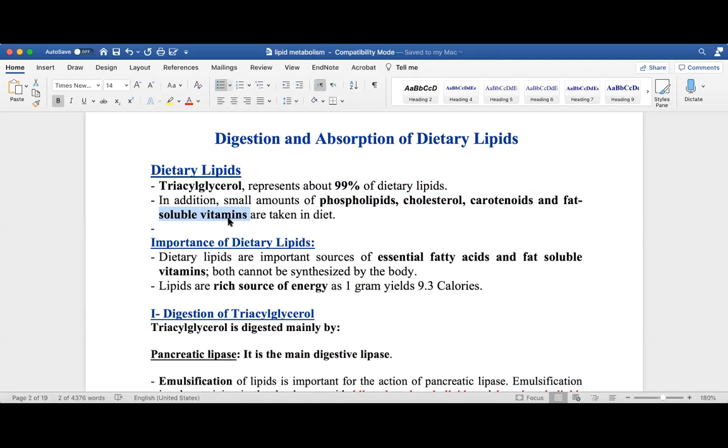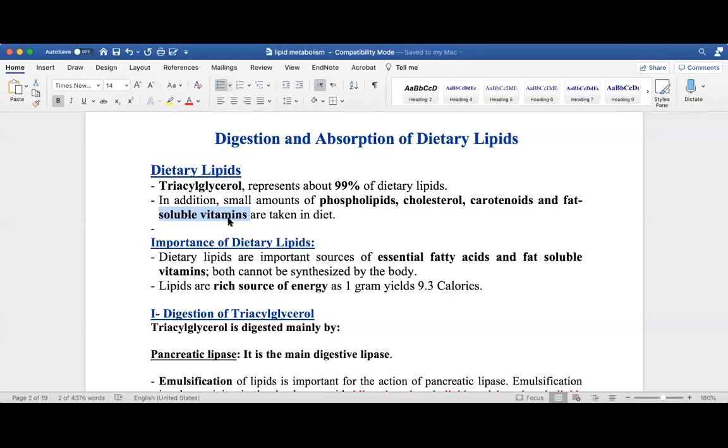What are the names of the fat-soluble vitamins? Vitamin A, D, E, and K. Excellent. Vitamin A, vitamin D, vitamin E, vitamin K.